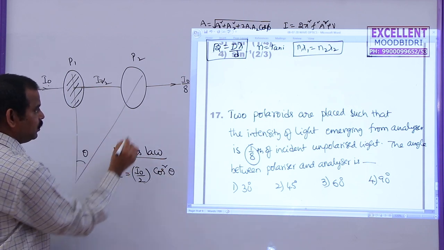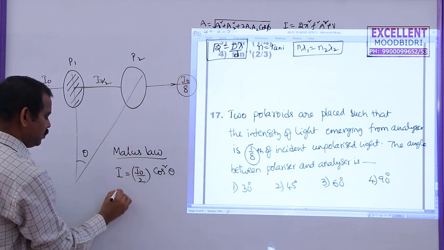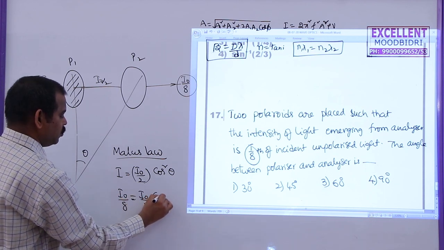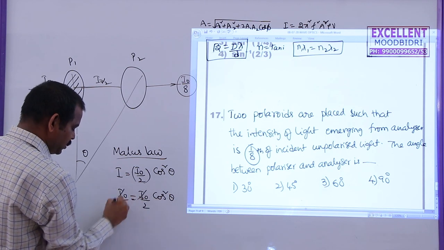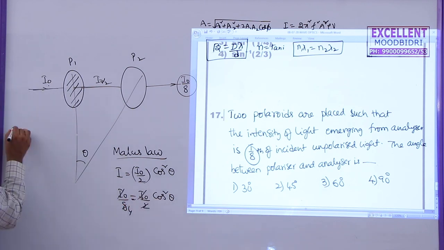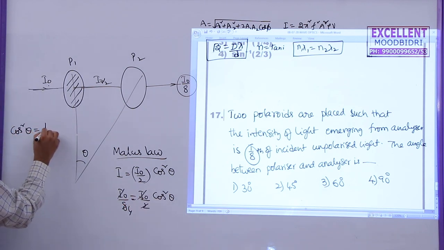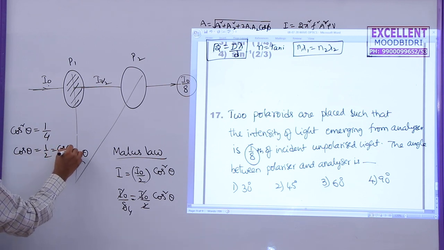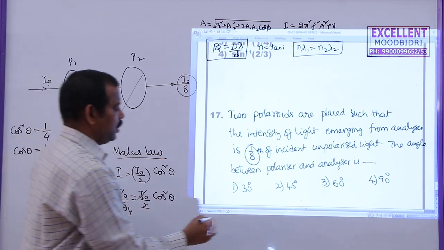It is given that this intensity in this problem is I naught by 8. So I naught by 8 is I naught by 2 cos square theta. I naught cancels, 2 ones are 2, 2 fours are 8, so cos square theta is 1 by 4. Cos theta is plus or minus 1 by 2. Let me take the positive value. Cos theta is 1 by 2, so theta will be 60 degrees. Option 3 is correct.